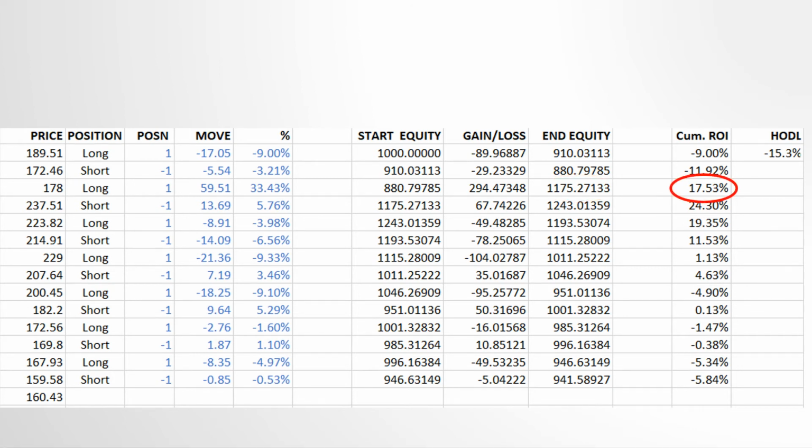That brings us now to a total of cumulative return on investment of 17%. And we keep doing this. And in this example, as of the last trade, we had negative 5% return. So we now have 941 instead of 1,000. Now, if we hodled, however, if we just bought and just stayed there, the price dropped 15%. So far, we're reducing the losses compared to a hodl strategy.